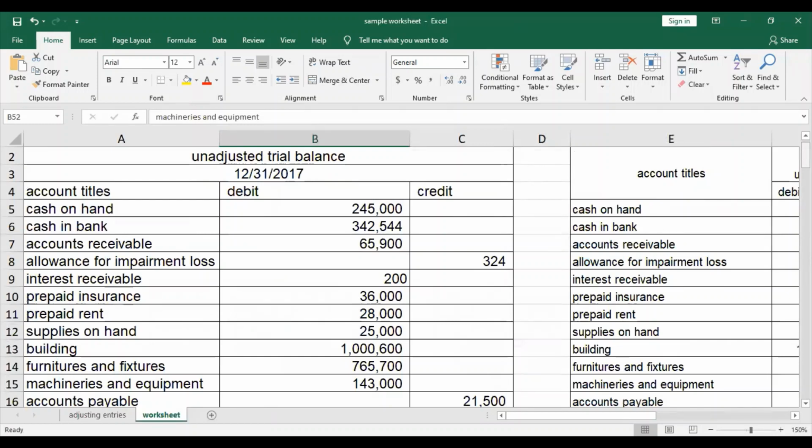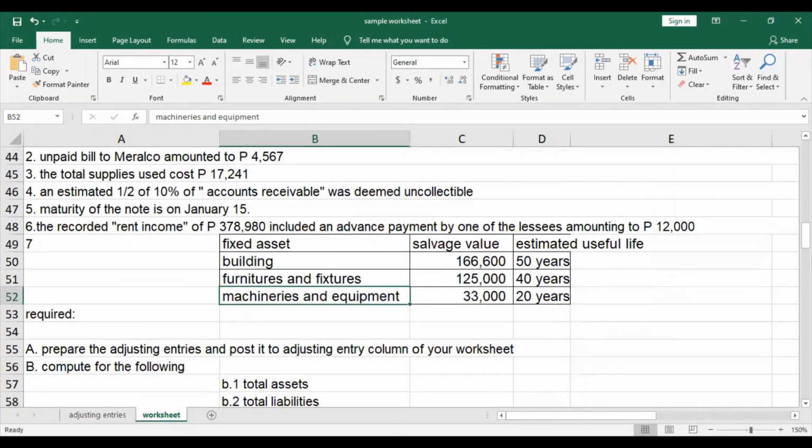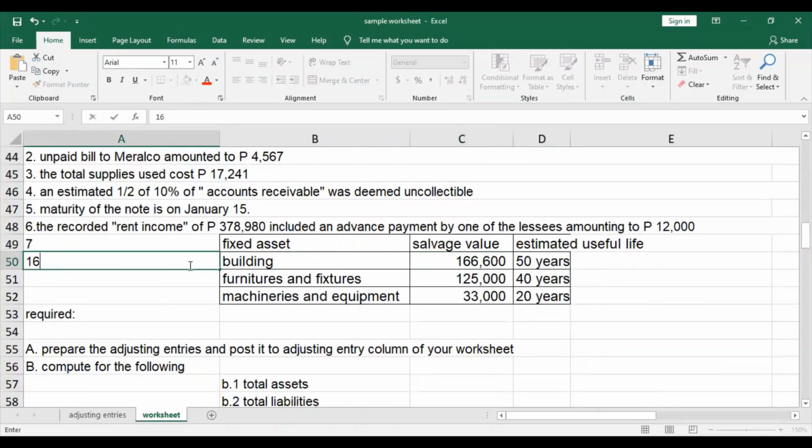Its cost is 1,600,000 less its salvage value. Magkano ang salvage value niyan? 166,600 divided by its useful life of 50 years. So the answer is, or the depreciation per building is 16,680.